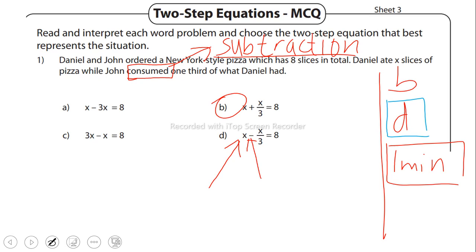Because think about it. It says 8 slices in total. What is total? The entire number. Addition. So you have to add in order to get the 8 slices.